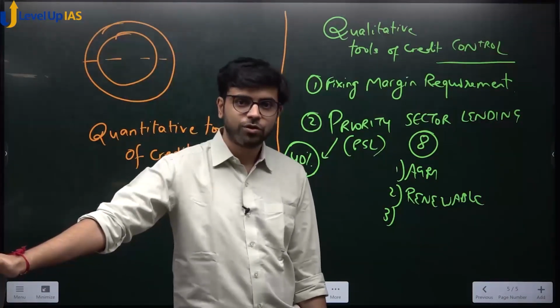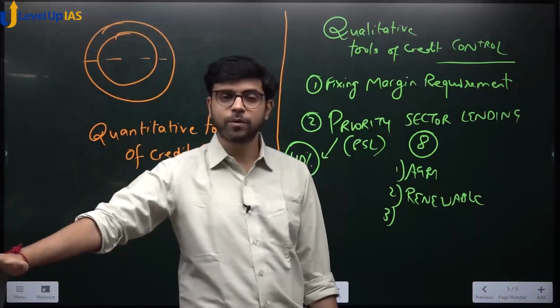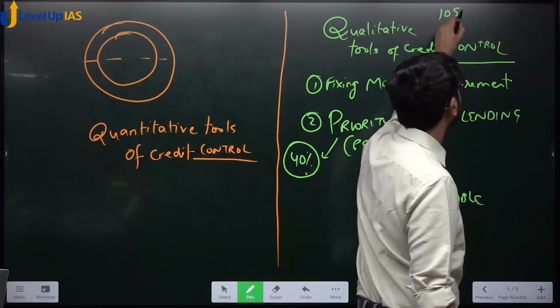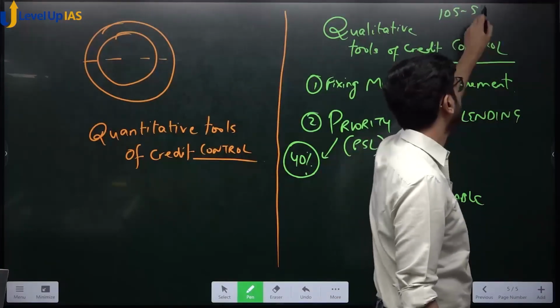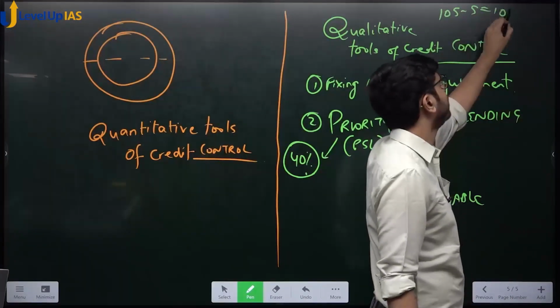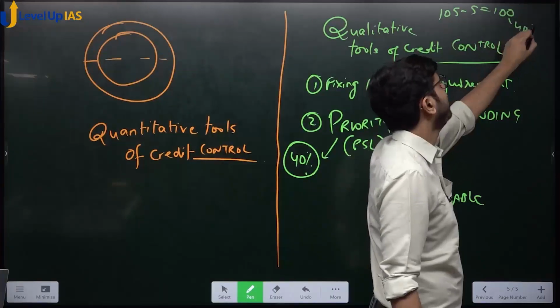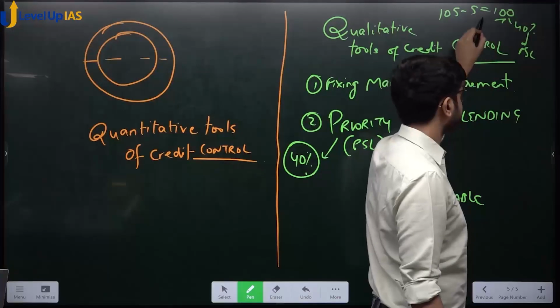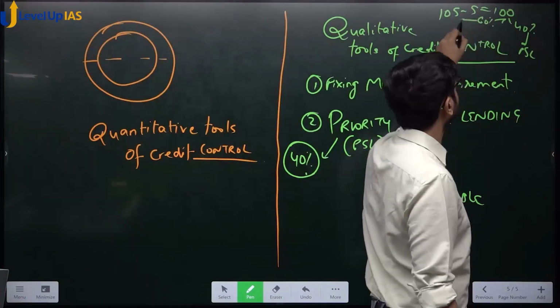Yes or no? We are not talking about 105 here, we are talking about 100 here. So 105 rupees came as deposits, 5 went for CRR SLR, then you have 100 rupees as loanable fund. So its 40% will go to PSL and 60% will go to others.